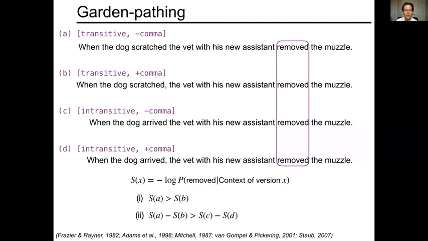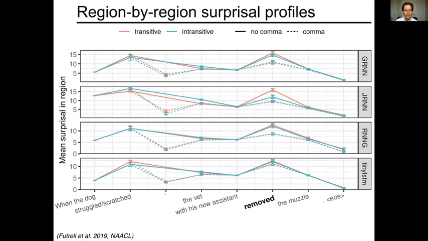So first, I'm going to show you a sort of human word by word or region by region reading time like graph for surprisals. That's in this graph. So this is a graph of the mean surprisal in each region of the sentence where we've demarcated the regions in an intuitive way. And we have the 4 conditions in a 2x2 layout. So dotted lines are with a comma, solid lines are without a comma.